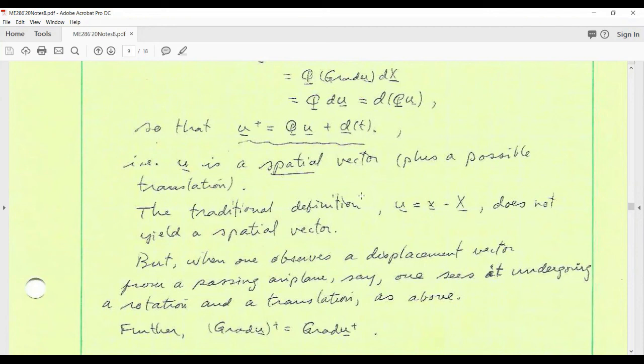So as you're flying past in an airplane, it appears to you that the displacement is truly a spatial vector combined with a shift, d of t. That would not be the case if you use the traditional definition of a displacement vector, because x doesn't change, whereas little x goes to q little x plus c of t.